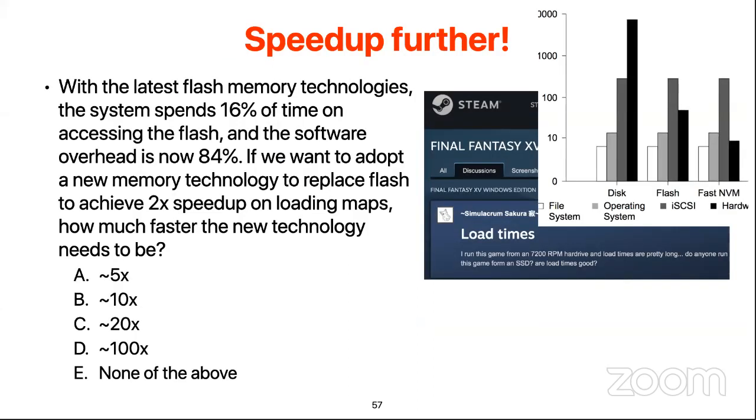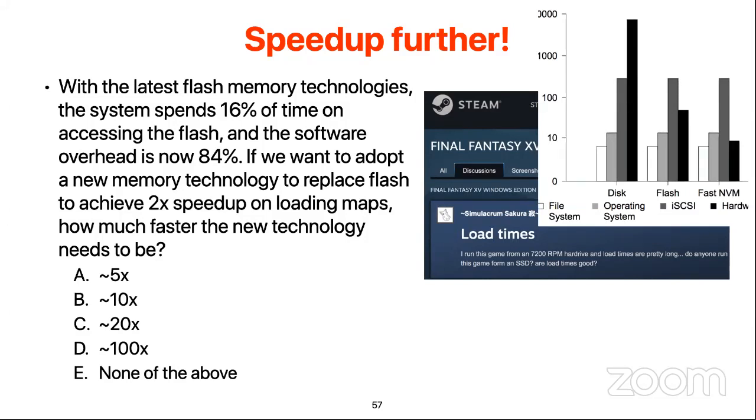So if somebody is asking you right now, I want to further achieve twice the speedup, and what I want to give you is this task: I want you to investigate newer memory technology, and by using newer memory technology, our goal is to achieve twice the speedup in loading maps, right?